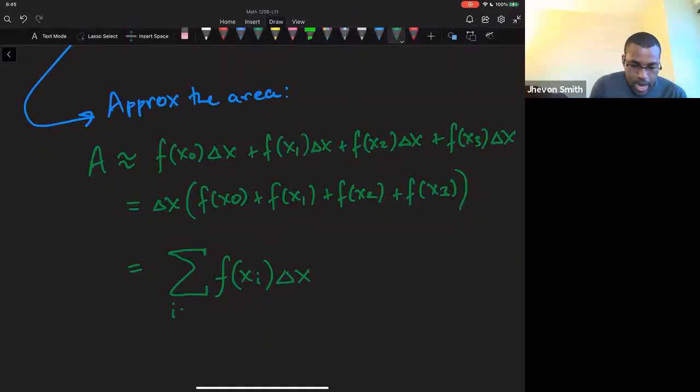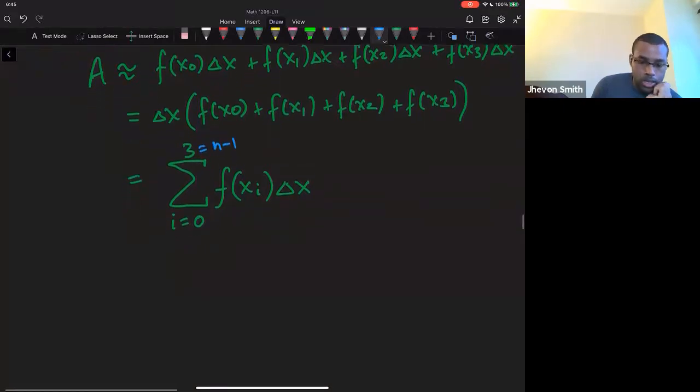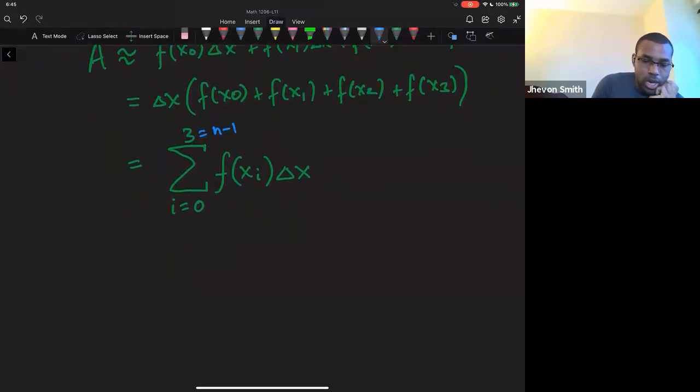And my i in this case is going from 0 up to 3, right? So it's x0, x1, x2, x3. So it starts at 0, then counts up by whole numbers until it hits 3. So in this case, notice that this is n minus 1. That tells you the left approximation.